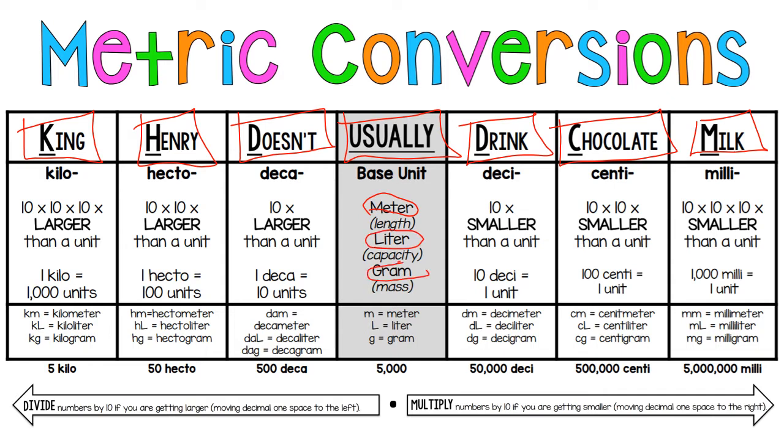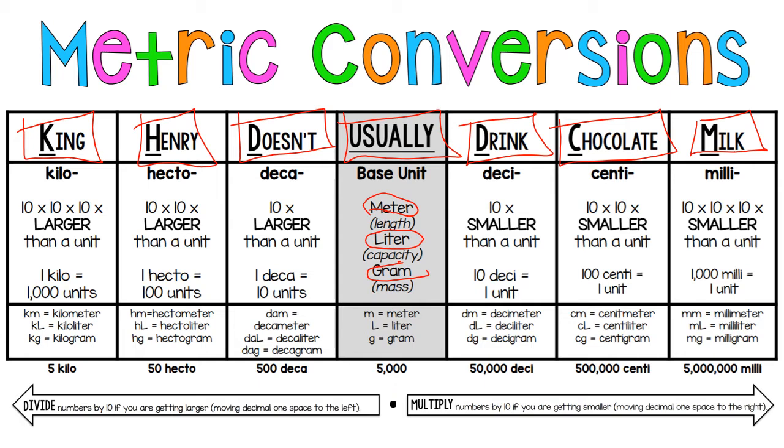So a kilometer is 1,000 meters. It's 1,000 times larger than 1 meter. Henry stands for hecto. It's the next largest one, and it's 100 times more than 1 base unit. So a hectometer is 100 times more than 1 meter.